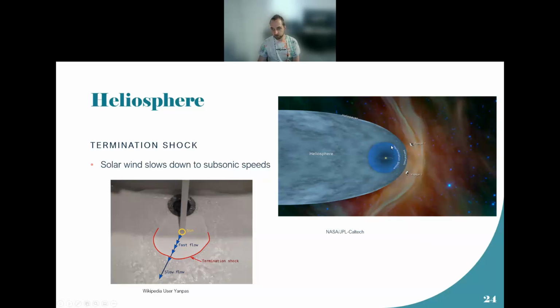There's an important border called the termination shock, and this border is when the solar wind coming from the sun slows down to speeds that are subsonic, or slower than the speed of sound. It's kind of like water pouring into a sink, where the water impacts the sink, that's kind of like the sun, and the water flowing out is like the solar wind.